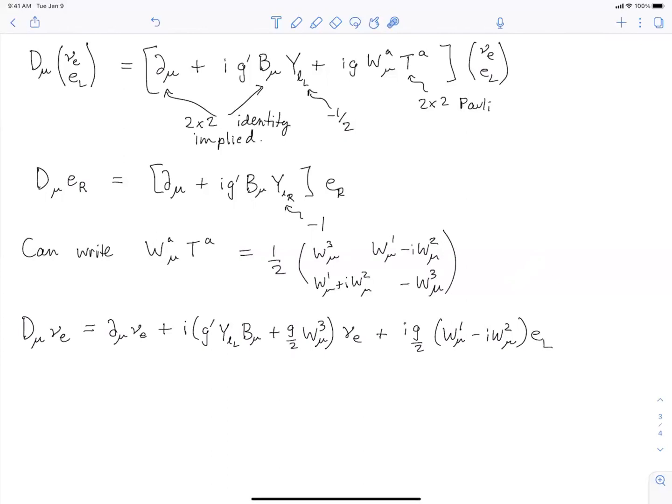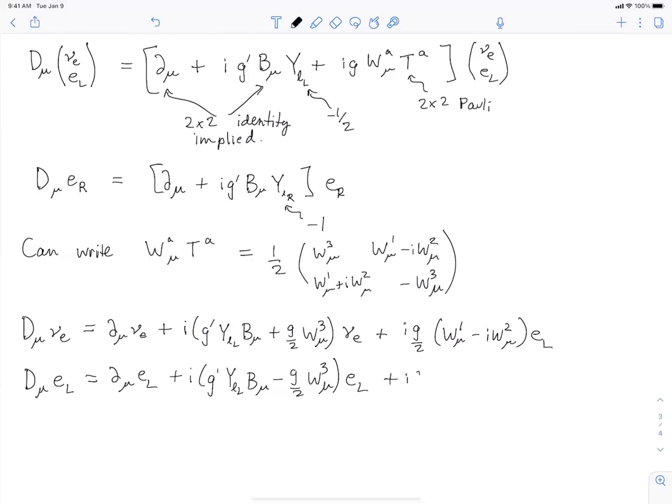So you see the covariant derivative for a neutrino has a part proportional to the electron with this combination. And similarly, I can do this for the electron. Okay, so now we get this part proportional to the identity. So it's still e left, but now there's a part proportional to the neutrino field.